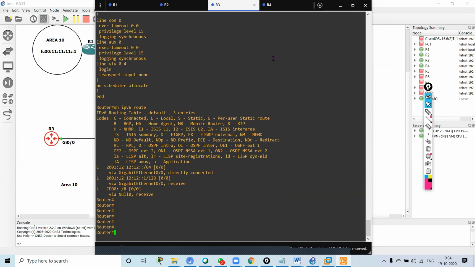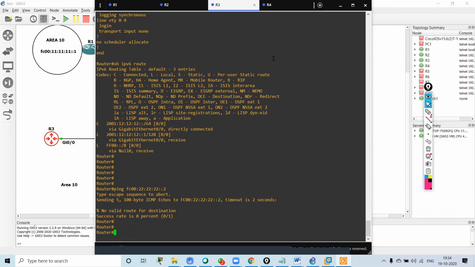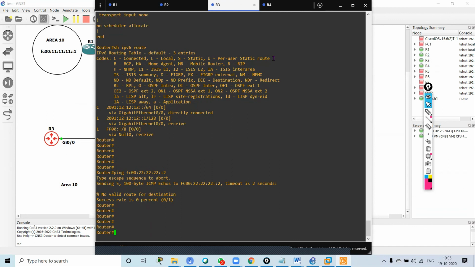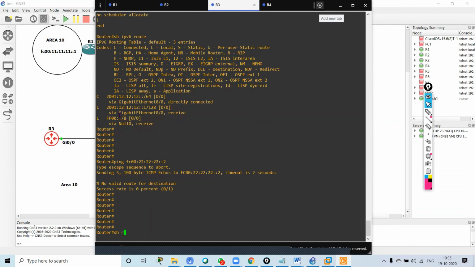I am not getting the routes. No valid route for destination. I don't know what the issue is. Okay, let it be. Might be there is some issue with this IOS version or something.